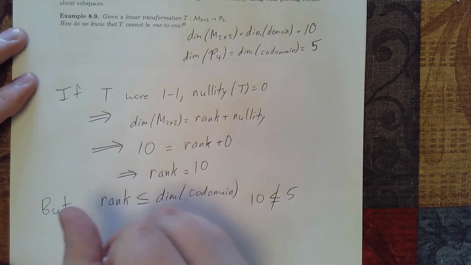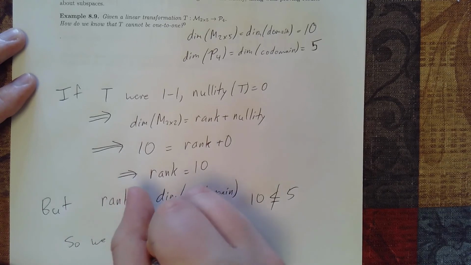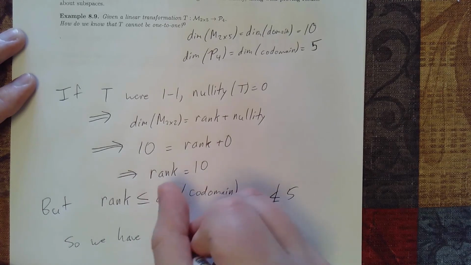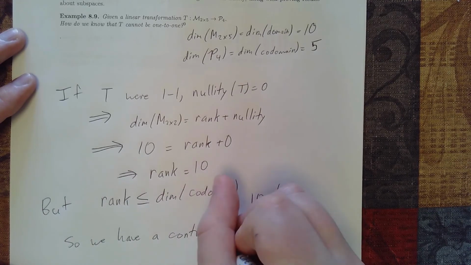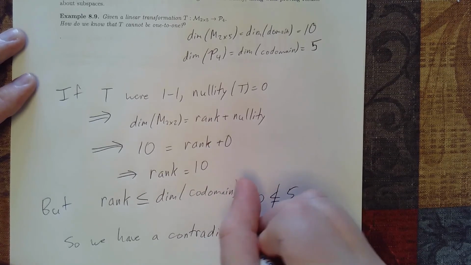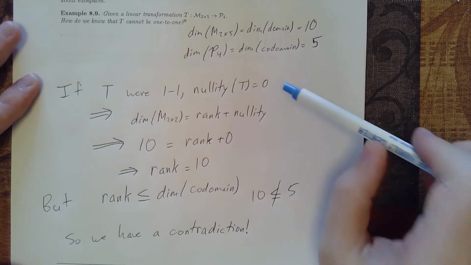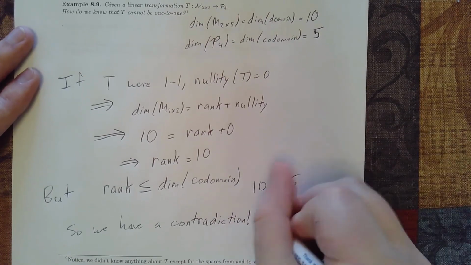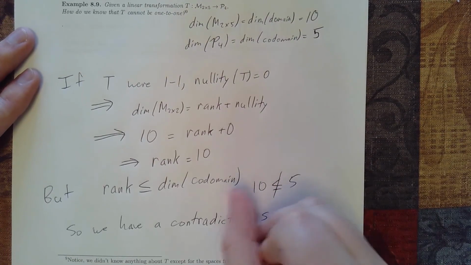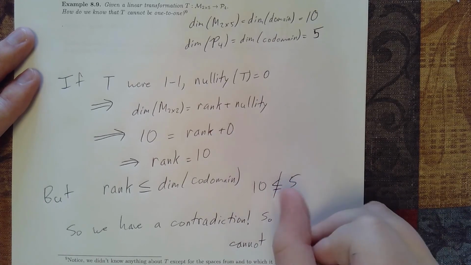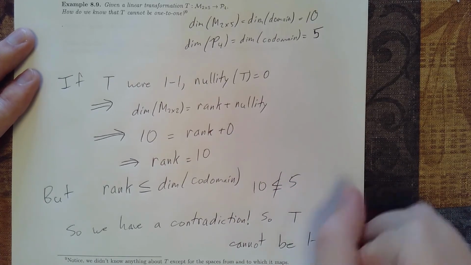So we have a contradiction. So since we have a contradiction, that means the thing we assumed originally is wrong. So T cannot be 1-to-1.